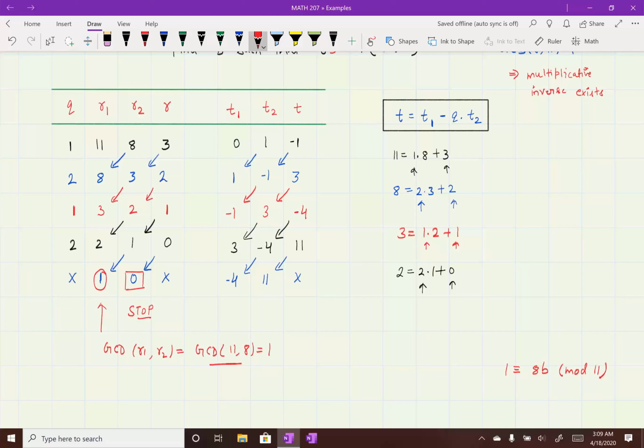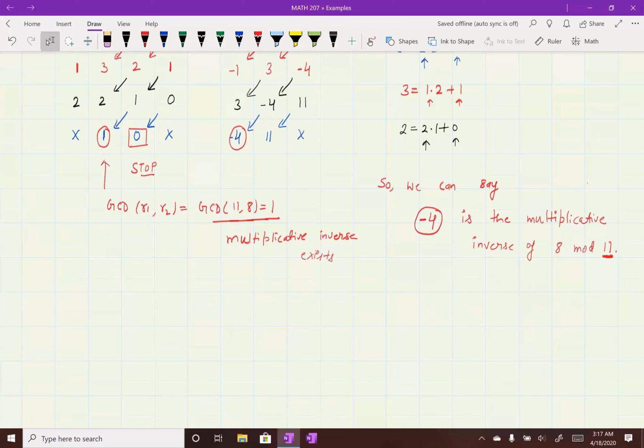Once you have the GCD of the integers which appear in your problem, and that comes out to be equal to 1, that means the multiplicative inverse exists. And the value of t1 is going to be the multiplicative inverse of this problem.